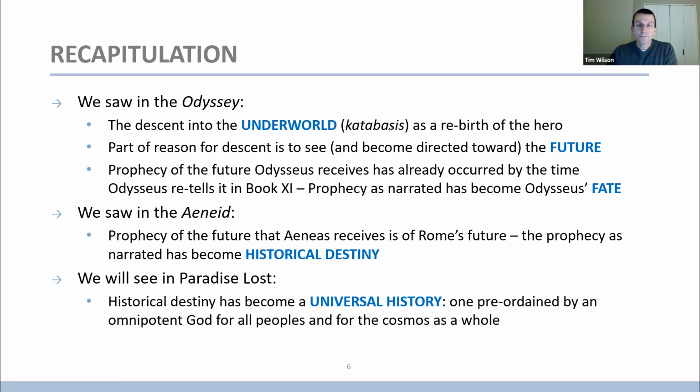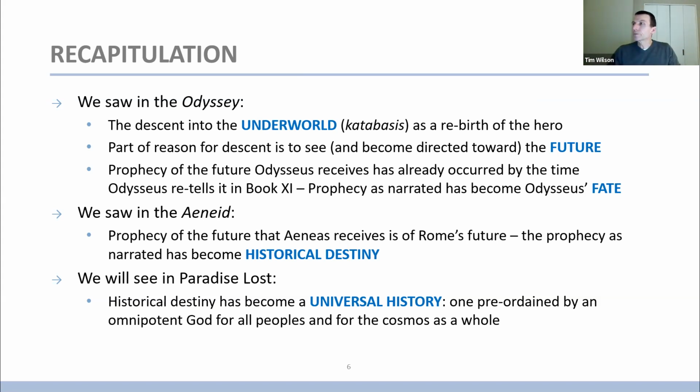So one thing to remember here too is the underworld in all these epics is spiritual and psychological. It operates on a number of levels. So it operates on the level of the story. The hero is going to the underworld. There's a function to perform there. The hero gets information. So it helps the story along in a literal sense.